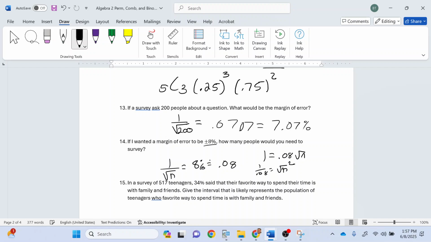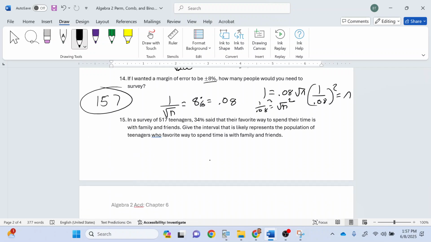Oh, there's a square root. I'm going to have to square both sides. So my answer is 1 over 0.08 squared equals n. Again, I can't understand why people got this wrong. But I'm just tired. I'm just speaking my mind. So that times 0.08, I end up getting 156.25. You can't ask 0.25 of a person, so it's 157. That should have been your answer.